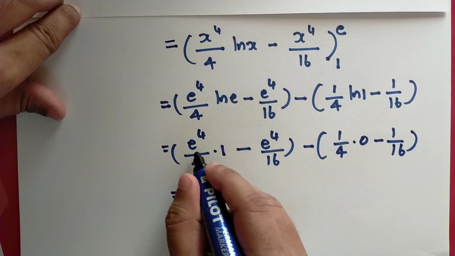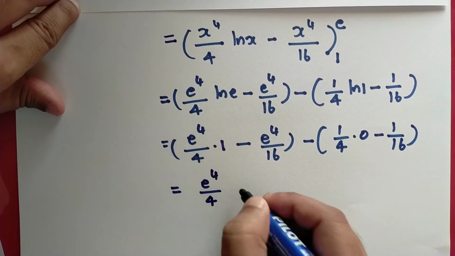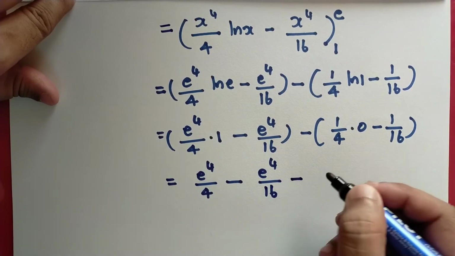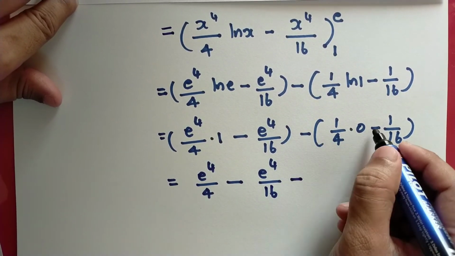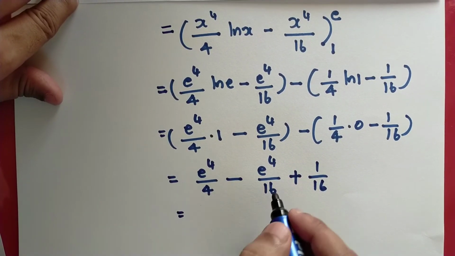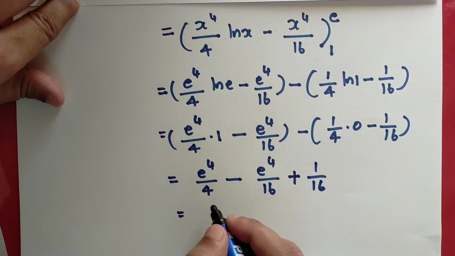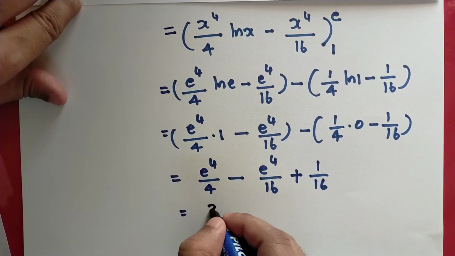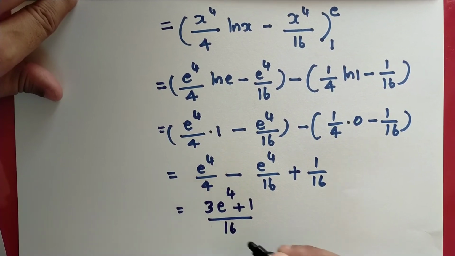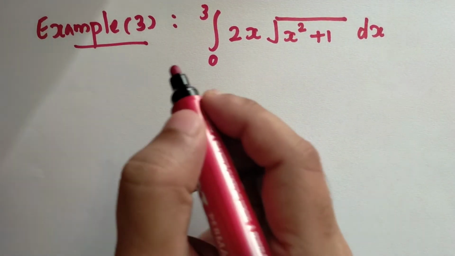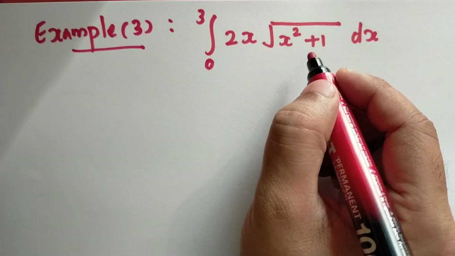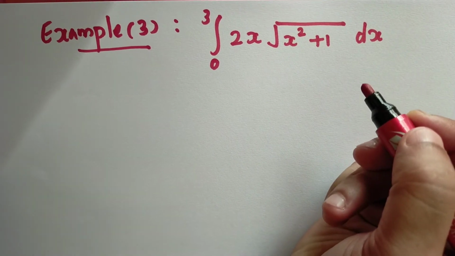This is equal to e power 4 by 4 minus e power 4 by 16, minus this becomes 0. So minus minus plus 1 by 16. Simplifying this term by taking the common denominator, you can see that this is equal to (3e power 4 plus 1) by 16.